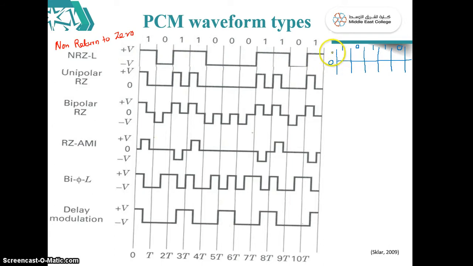When it is a 1, we transmit a high voltage plus V. When it is 0, we transmit a low voltage, minus V. So the first is 1, represented by plus V. Next is 0, represented by minus V. Again 1 is plus V, 1 plus V, 0 minus V. Till the end of the first bit interval, the 1 does not return back to 0.